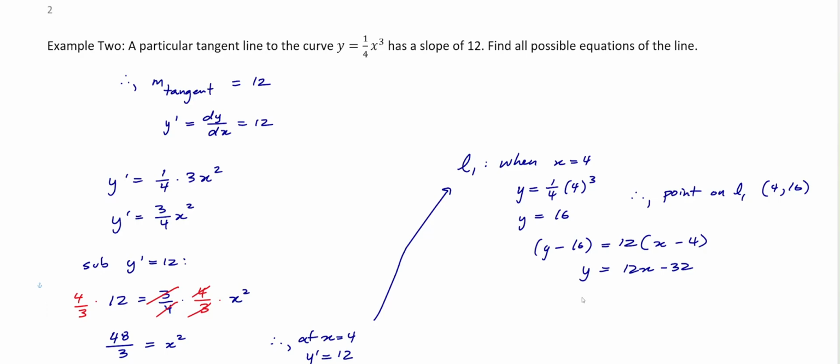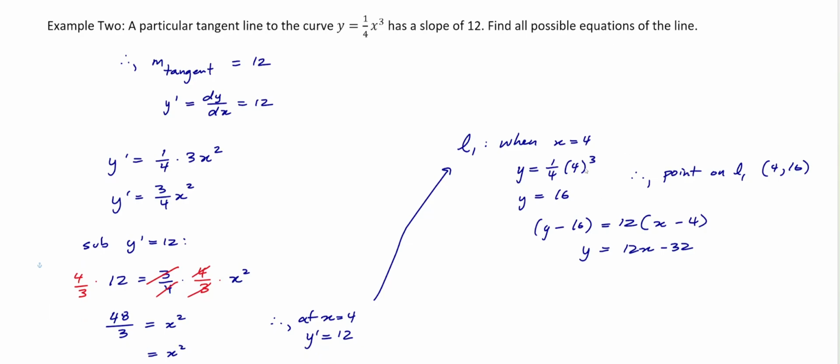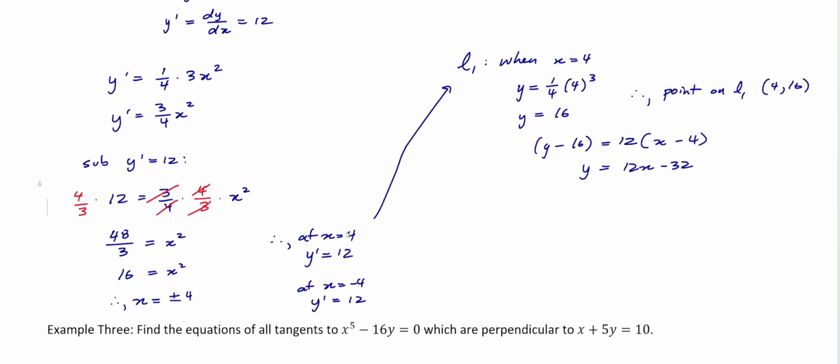So that's the equation of one of the lines when x is equal to 4. But remember, x could also equal negative 4, because when I subbed y prime equal to 12 for this slope, I got two possible x values where the slope is 12.